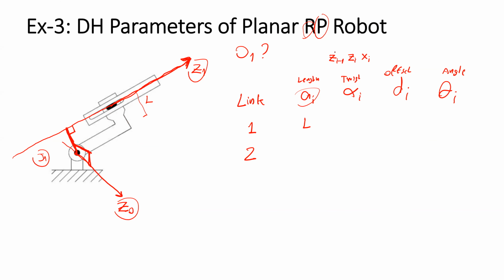The link twist, you need to find the angle difference between Z0 and Z1 about the X1 direction.